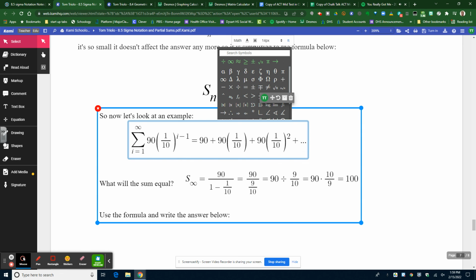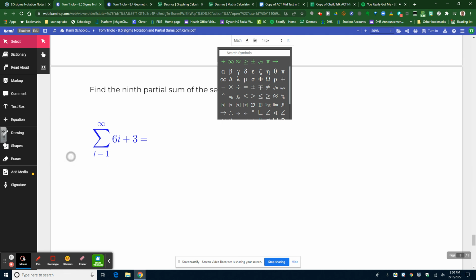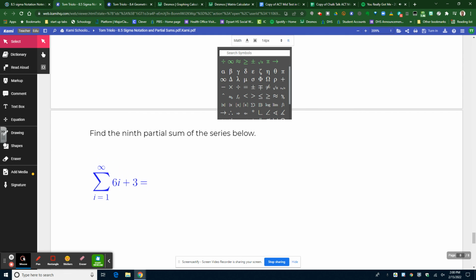You don't have to get all of the numbers. Okay? Wait, where did you get the 9 over 10? Because 1 is 10/10. Oh, okay. 10/10 minus 1/10 is 9/10. Okay? All right. So I want you to find the 9th partial sum, which is really just find the sum of the first 9 terms. I don't care if you use the formula or find the first 9 terms or add them.